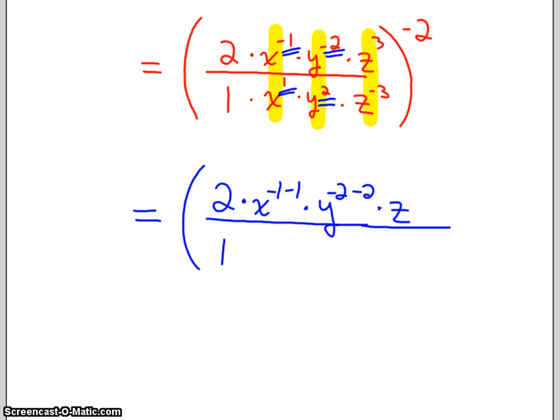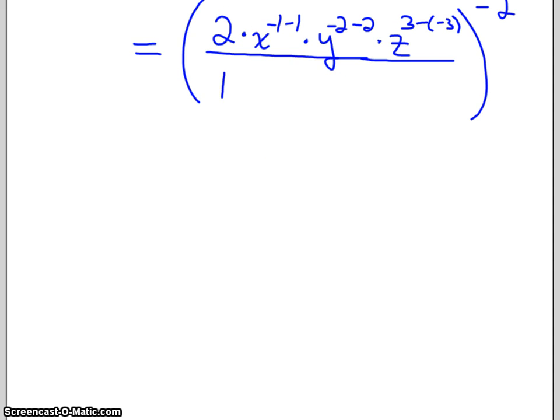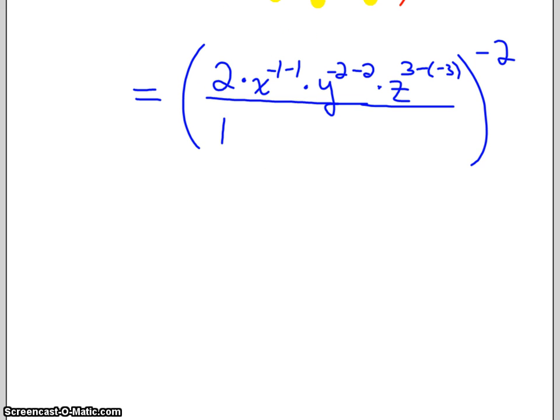Our z's will become negative 3 minus negative 3. Still all raised to the negative 2. So a couple things happened here. We applied that quotient rule, and then our denominator is just 1. So we don't even need a fraction anymore. This does not always happen. Sometimes you still have items left in the denominator. This time it just didn't happen.